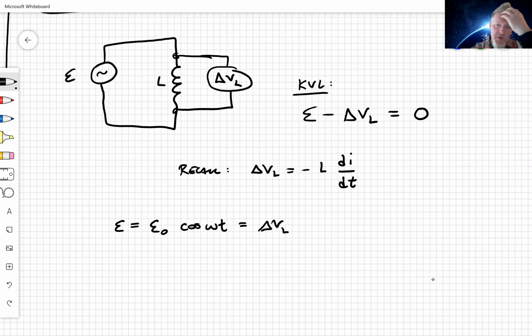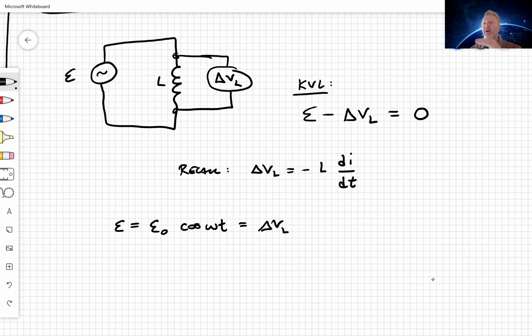What will happen, though? What kind of current will I be allowed to drive through this? Because ultimately, the current is going to oscillate as well, right? The voltage is going to go through different slopes, which means that the current is going to go through different slopes, and therefore di/dt is going to change.